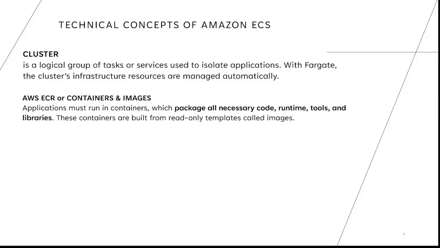ECR, the Elastic Container Registry, is also a secured place to store, manage, and retrieve container images used for deploying on our ECS, as you learned earlier in the container technology.